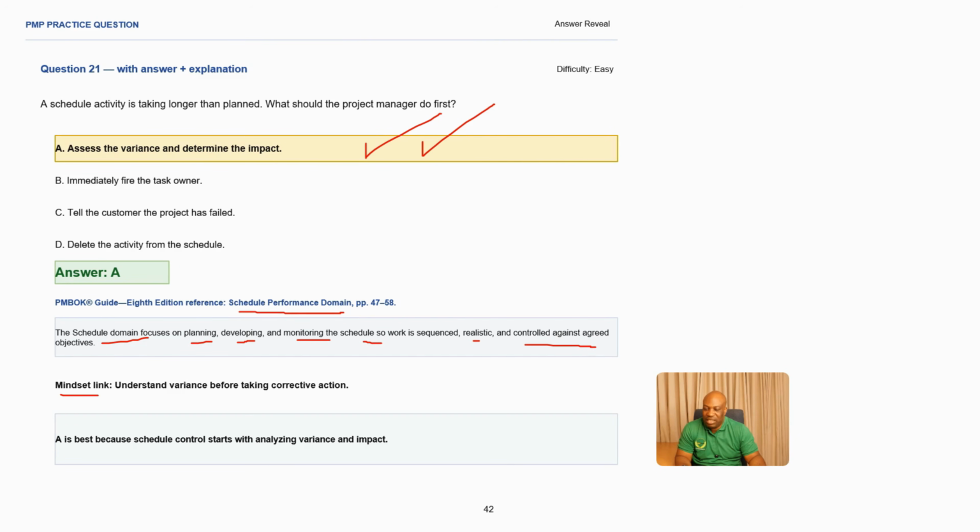You might have seen it. You need to understand the variance before taking any corrective action. This is very important. What you're supposed to do first is to understand, okay? Understand what is causing this to take longer than planned. Then you can come up with a solution, making A the best answer in this scenario because schedule control starts with analyzing variance and also impact.